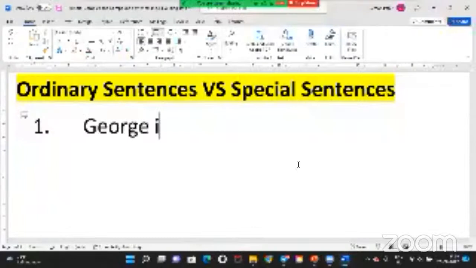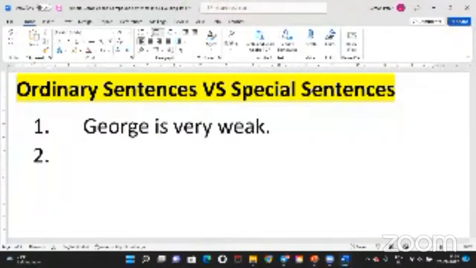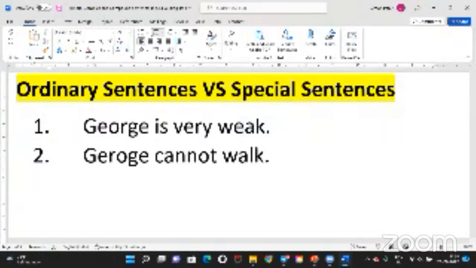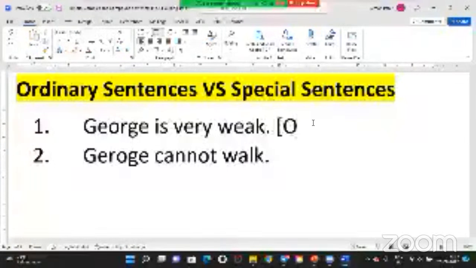Second sentence is, George cannot walk. Now, these are two ordinary sentences. OS stands for ordinary sentence.